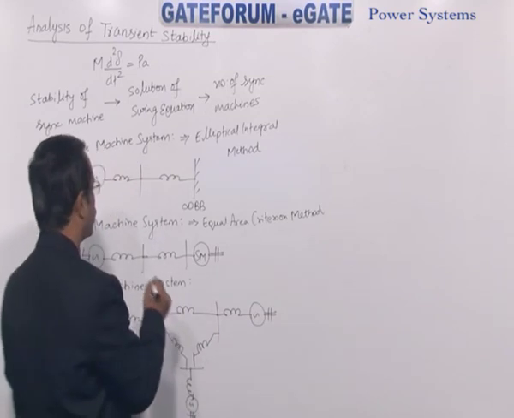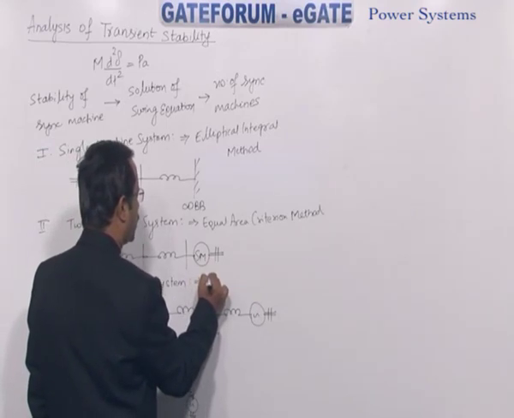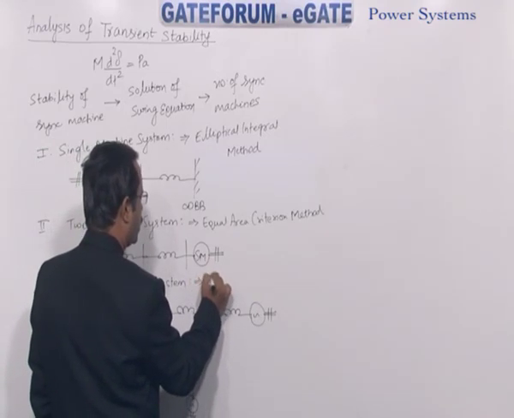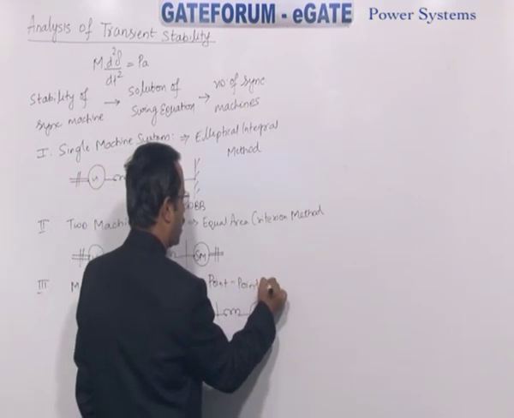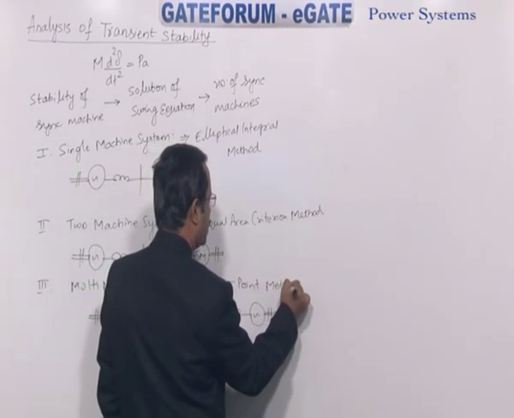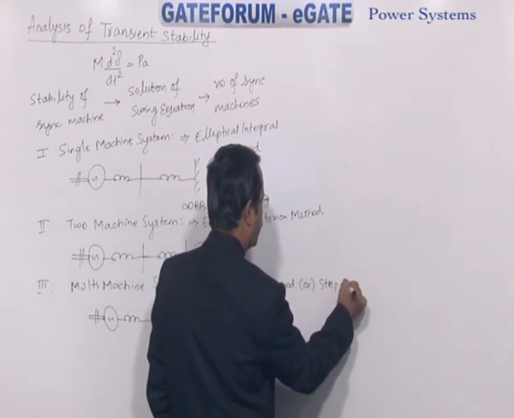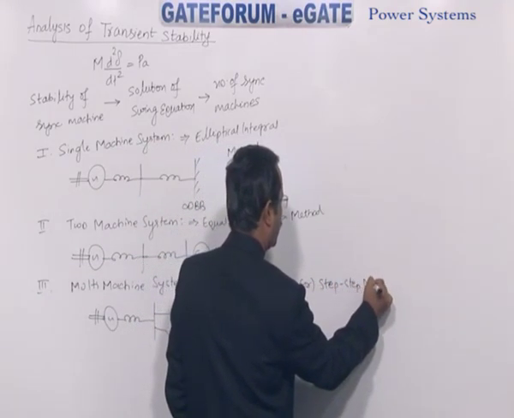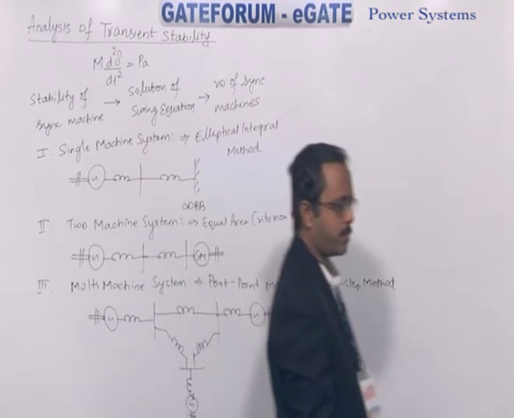Then how you obtain the solution of multi-machine system? By a mathematical technique known as point by point method, or you also name it as step by step method.